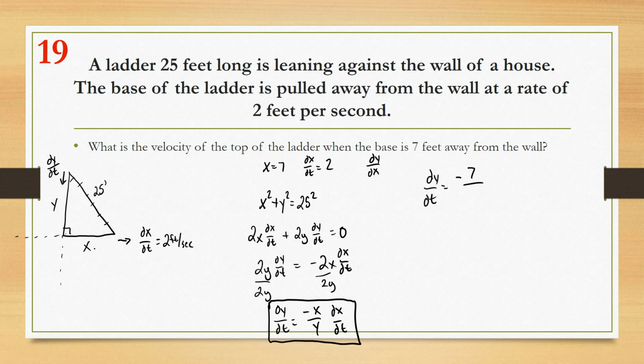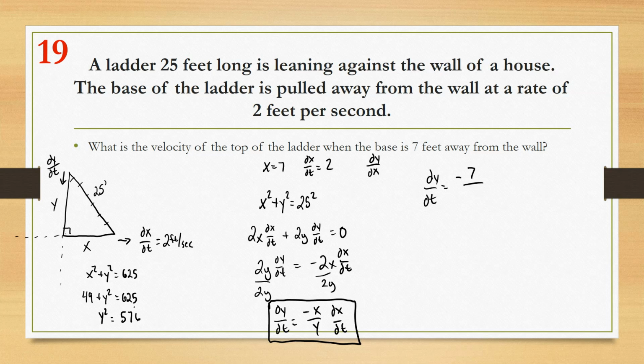Well, how do we find y? If we know x and we know 25, can we not use the Pythagorean identity? We're going to go back to x squared plus y squared equals 25 squared. But I know x is 7, so 49 plus y squared equals 625. Y squared equals 625 minus 49, which is 576.